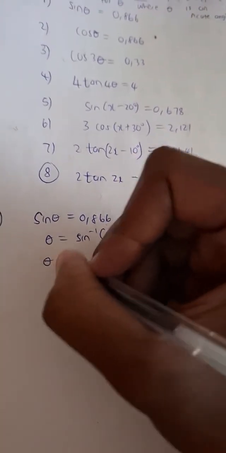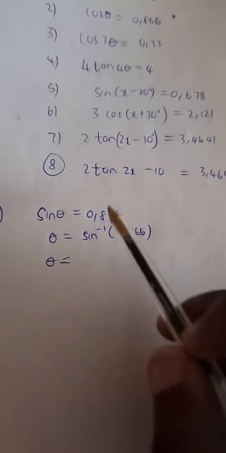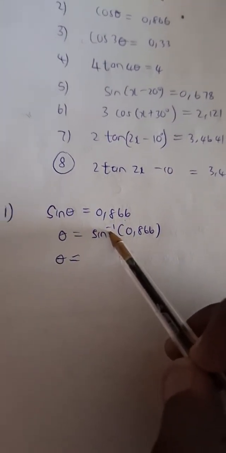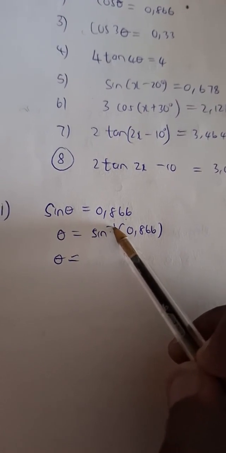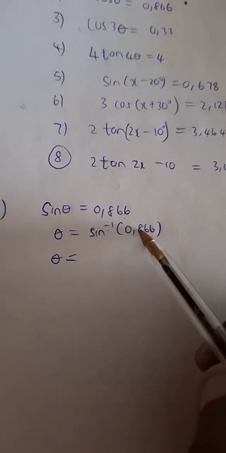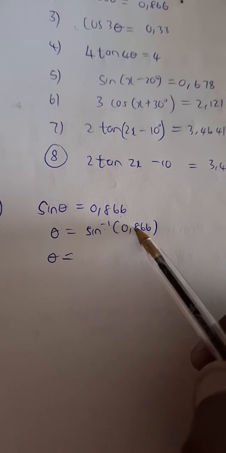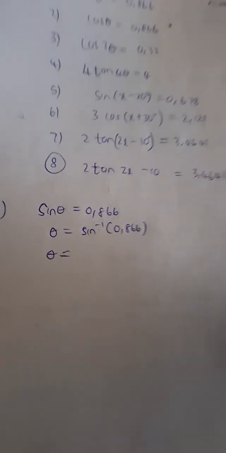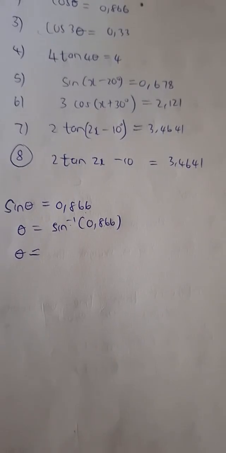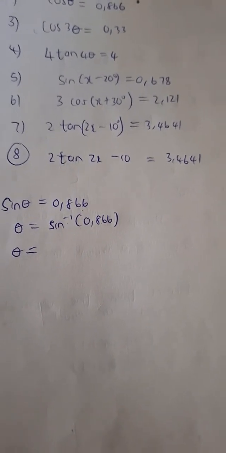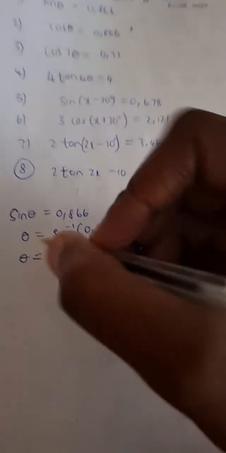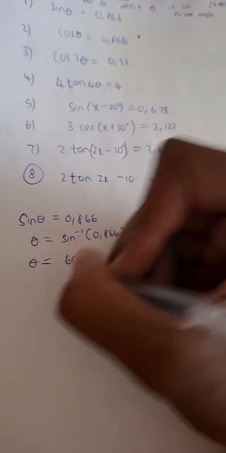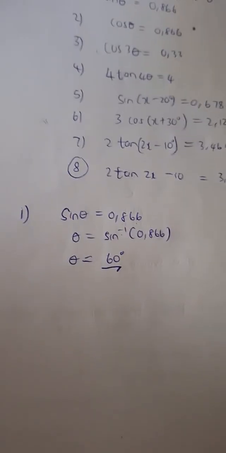Then we can utilize our calculator and press shift, then the inverse of sine, the arc sine, and then 0.866, as Lerato has typed in the comment section. And our answer, as Tasha indicated, when we type in the calculator, we get theta is equal to 60 degrees.